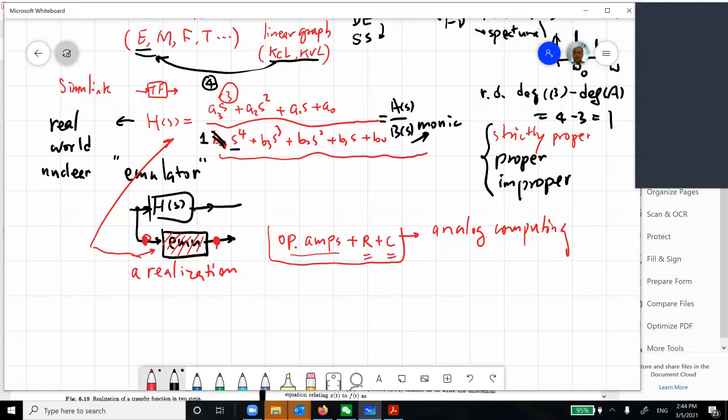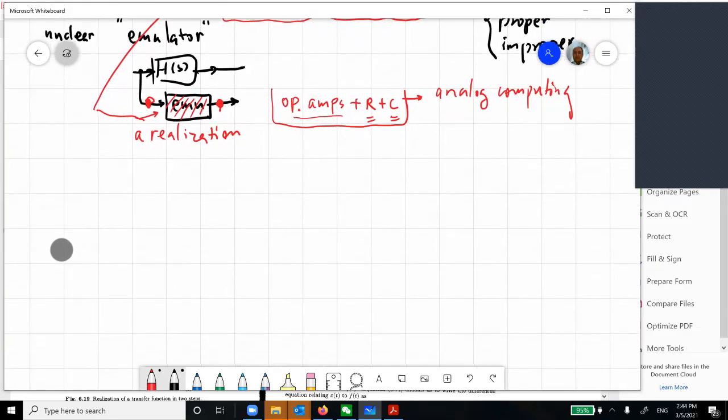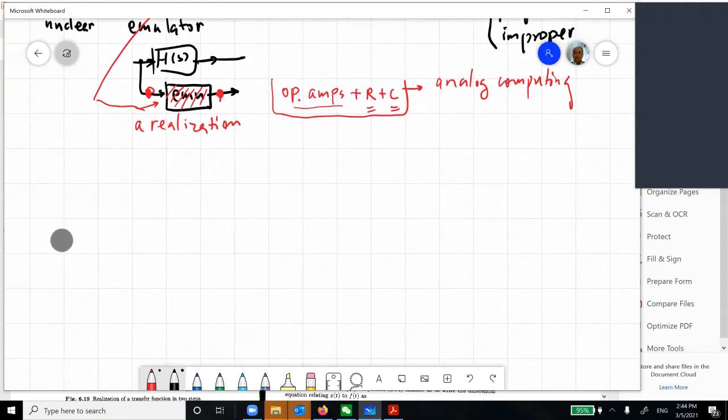Inside you may have many different changes. With that, I'm going to continue. If you have questions, type in the chat box. I'm monitoring the chat box right now. I'm going to move on. Our objective is to use op-amps, resistors, and capacitors to produce a G(S).